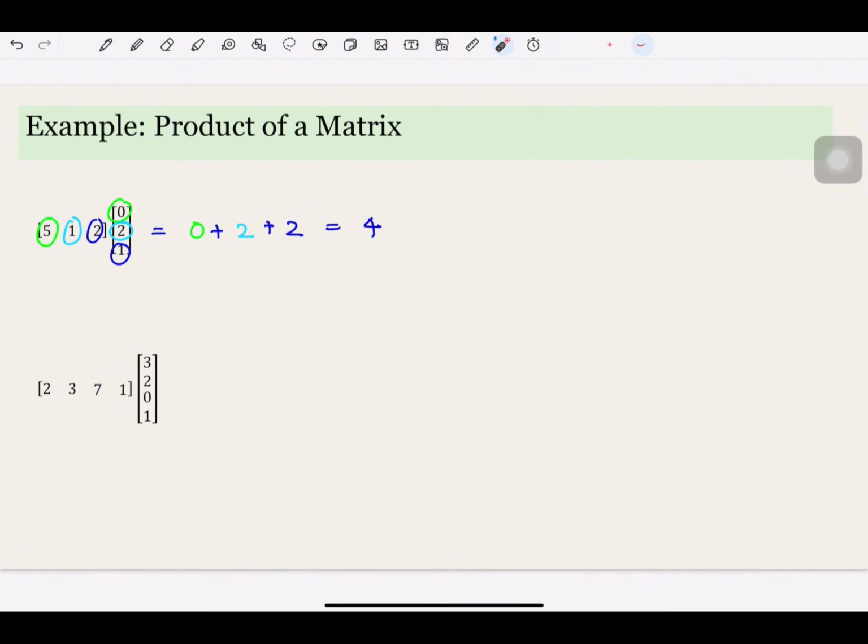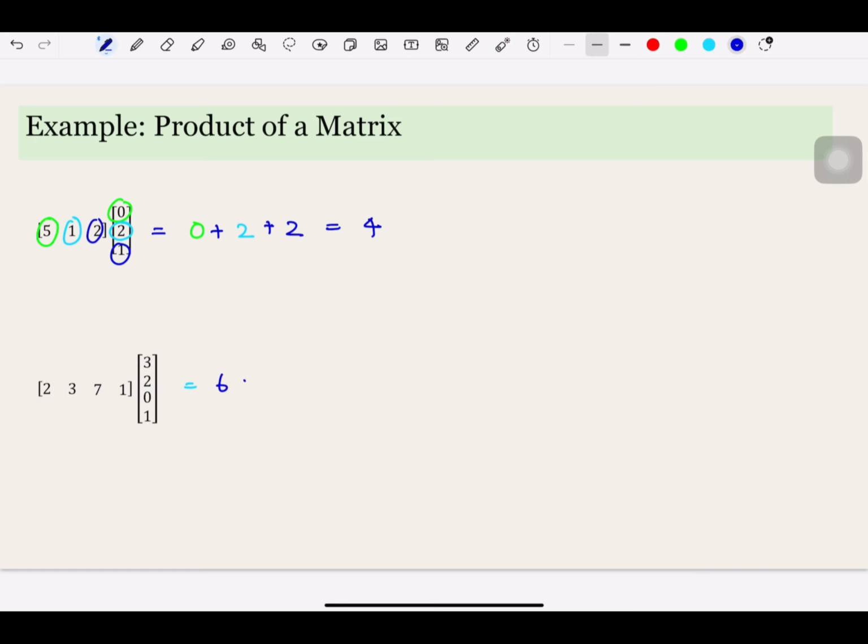In the next example, this is a row matrix with 4 columns, and this is a column matrix with 4 rows. So the numbers match, and you can do the matrix multiplication here. So let's multiply the numbers together. 2 by 3 is a 6.